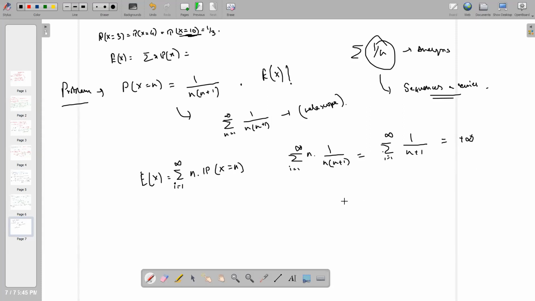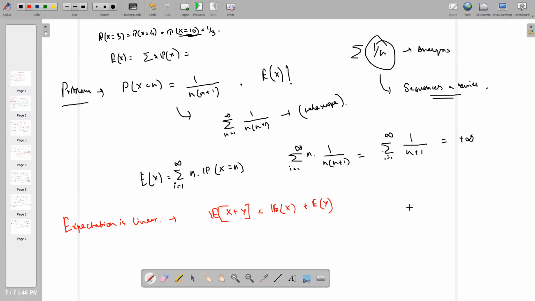Okay. So the next thing that I'd like to show is that expectation is linear. What do I mean by that? I mean to say expectation of x plus y is equal to expectation of x plus expectation of y.